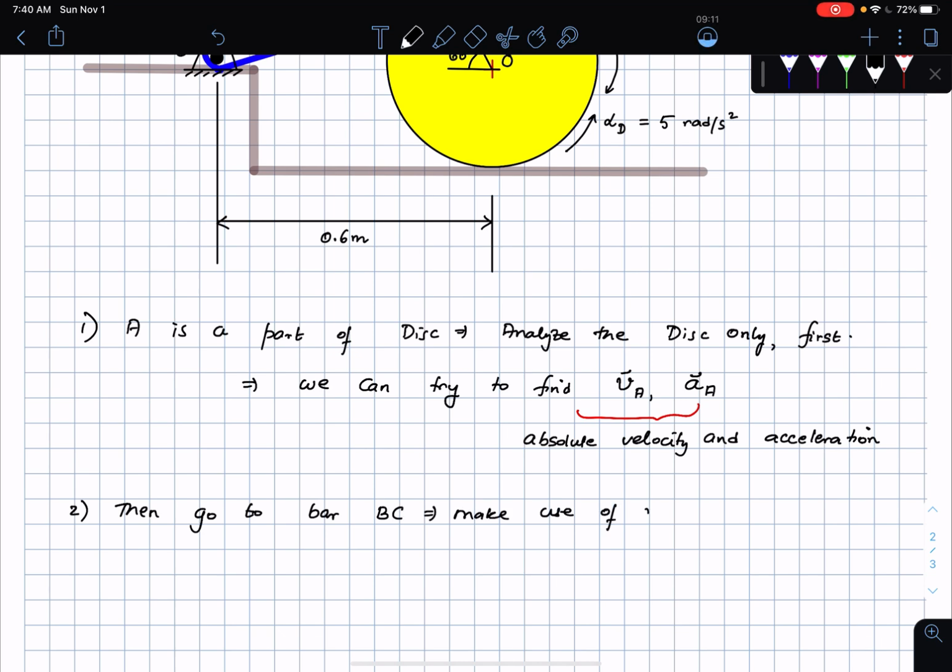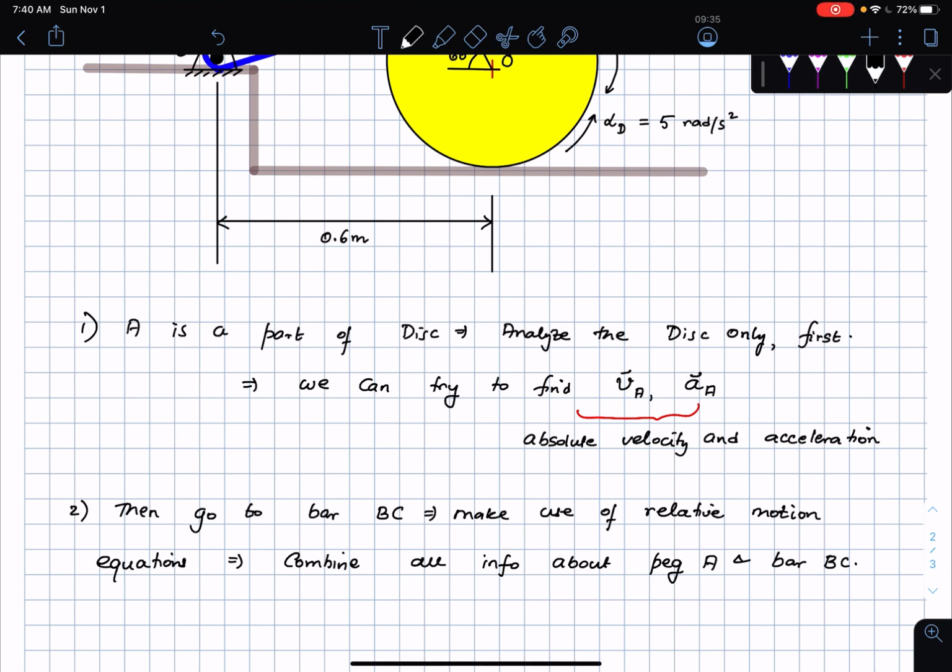This will help combine everything about peg A and bar BC. So this is my strategy.